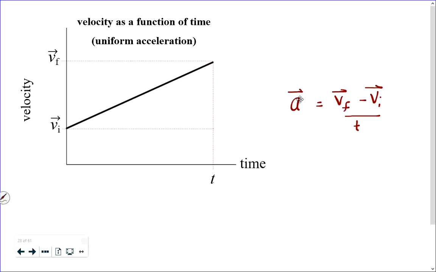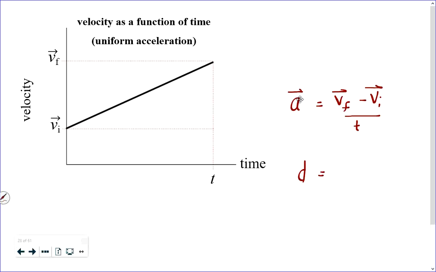Are there other mathematical relationships between the quantities? Would you agree as well that there is a displacement that has to take place? You can't have an object moving without it changing position.